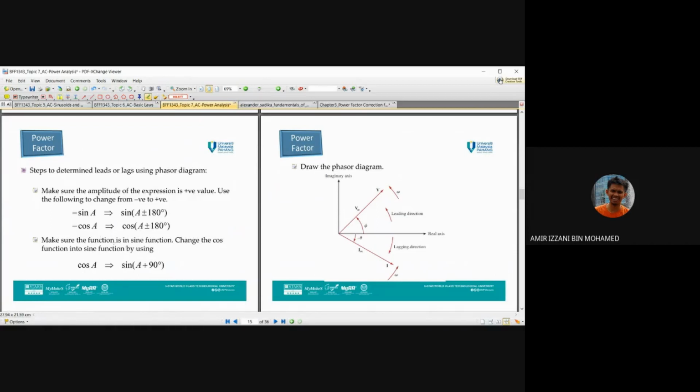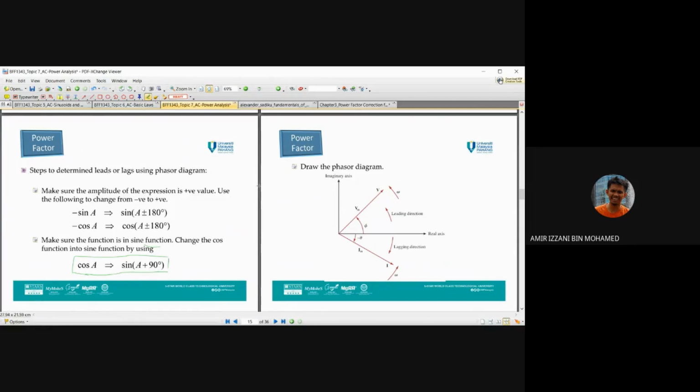Make sure the function is in sine function. You know how to convert. This is the conversion from cosine to sine, it's always plus 90 degrees.